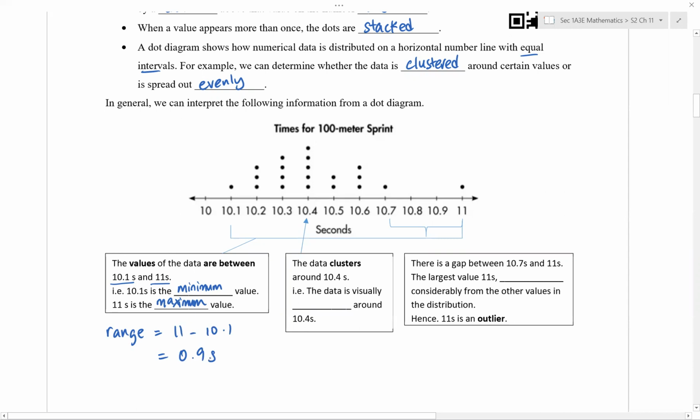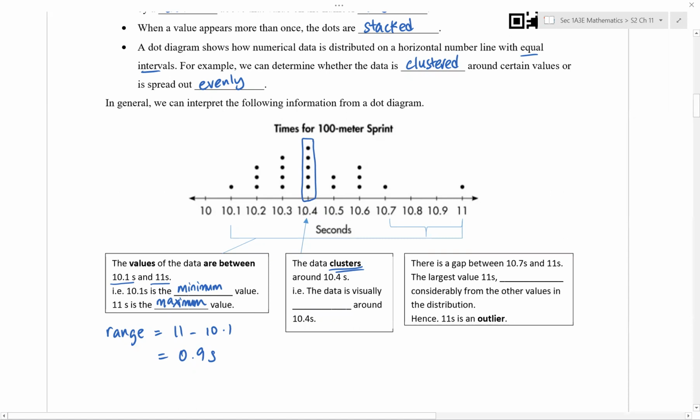Now the data clusters around 10.4 seconds. Clusters tell us where they gather together. So usually you will see a peak, the highest, the most repeated data point. Okay, in this case, we have 10.4 seconds. That's the tallest.